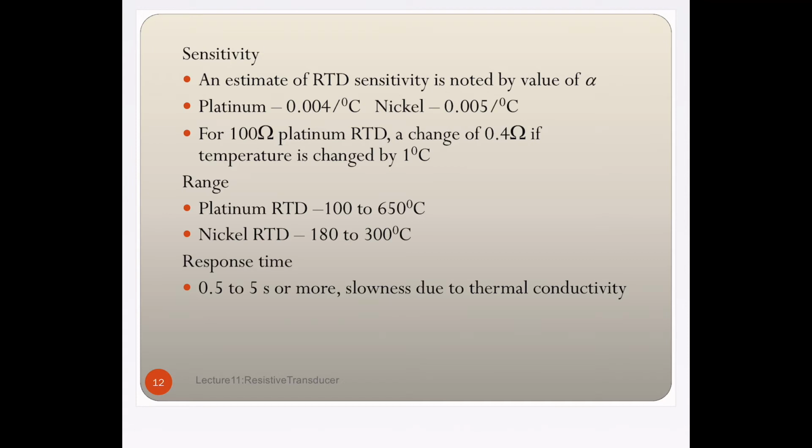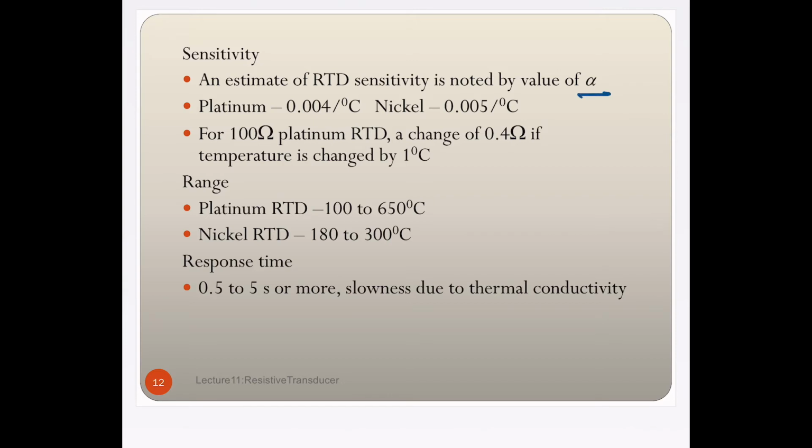So let's compare between RTD and thermistor. The first one is in terms of sensitivity. For thermistor, we said that the sensitivity is big, in the order of 1 kilo ohm per degree C. But the sensitivity for the RTD is quite small. The sensitivity in RTD is denoted by the value of alpha.